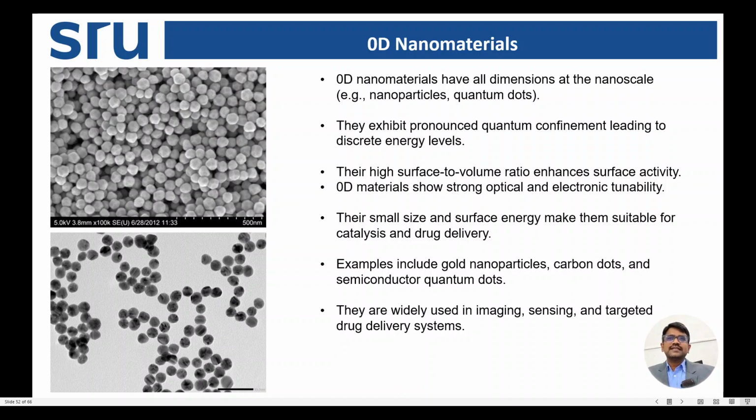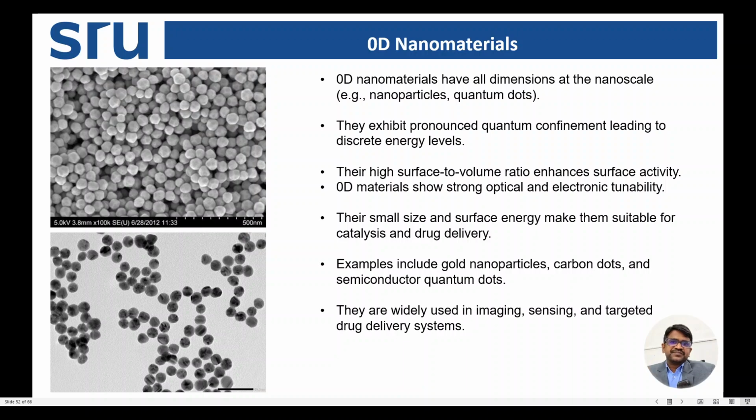What are the examples of zero dimensional nanomaterials? Nanoparticles and quantum dots. A dot is itself a particle. So nanoparticles and quantum dots are examples of zero dimensional materials.